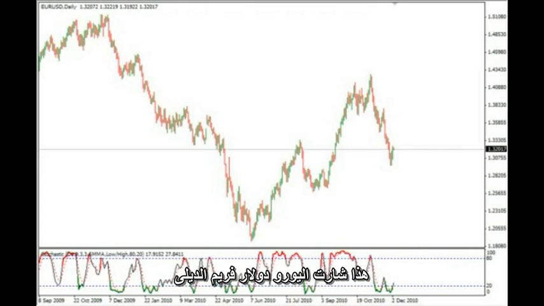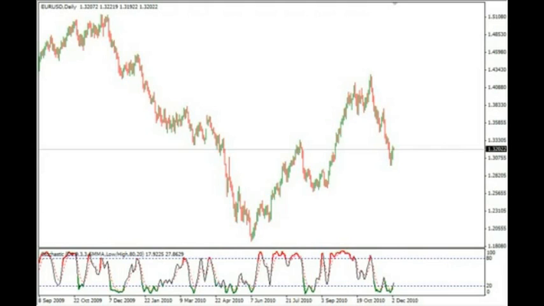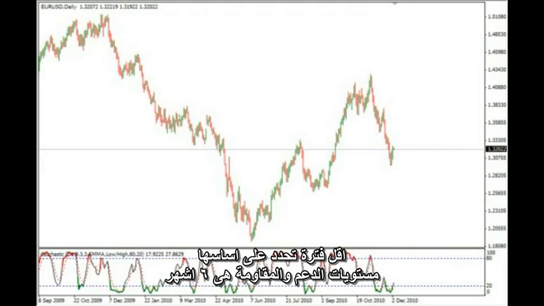Okay, this is the euro dollar chart. It's the daily chart, and the first thing you need to remember when placing horizontal support and resistance lines is that you need a specific amount of data. The first length of data you need at least would be 6 months.